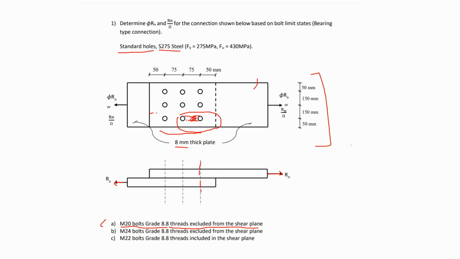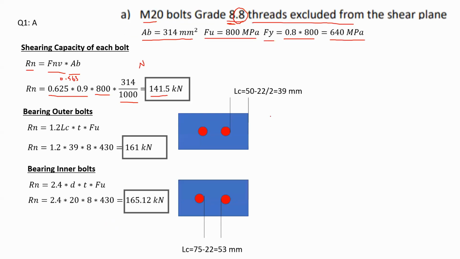Beside that, the bolt at the edge might go out; we might have complete tear out. Also, if we consider the inner bolts, this bolt, for instance, might go in the direction shown by the arrow and reach the other bolt here. So we want to consider the capacity of these cases.